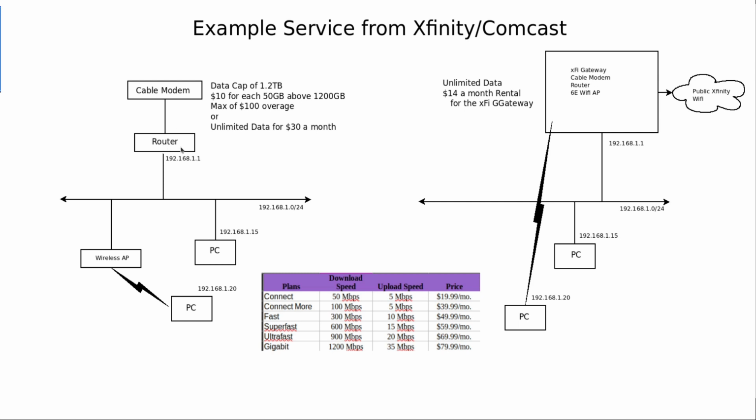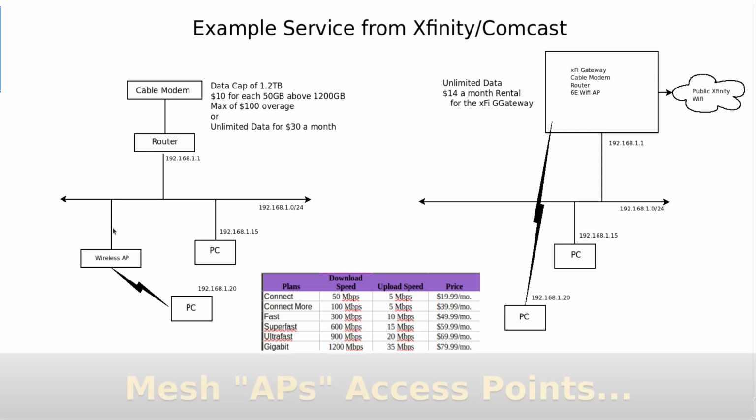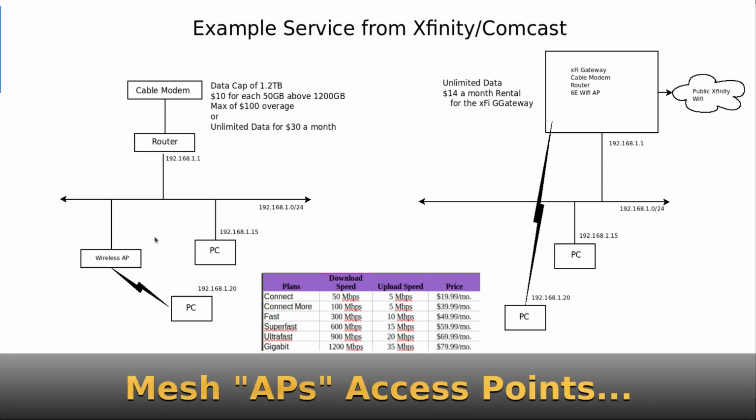I have a separate router, and therefore it has a local network, and then I have multiple wireless APs throughout the house. Popularly, people are buying these mesh APs for inside their house now, and that's a good thing because of what I'm about to discuss on the so-called standard equipment.